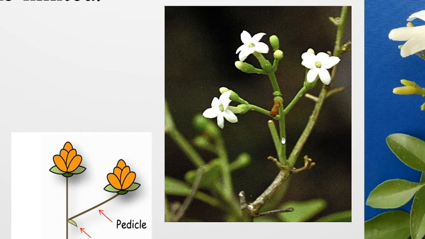And now on this peduncle, the first flower blooms on the main axis. So at the top of the main axis, a flower blooms first, so that the main axis is blocked for further growth. And what happens then? Sub branches are produced from the bottom of the peduncle.